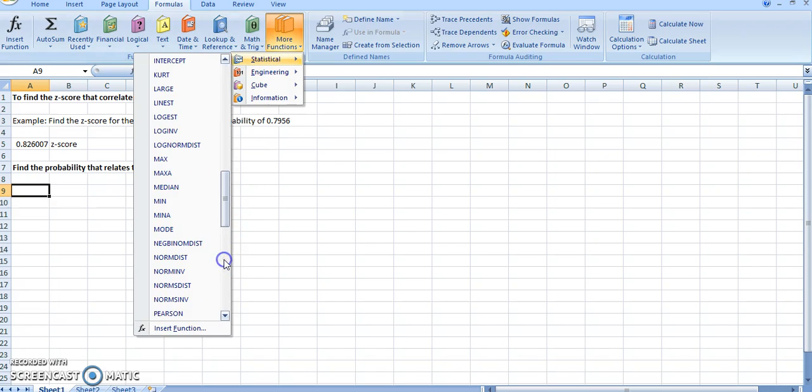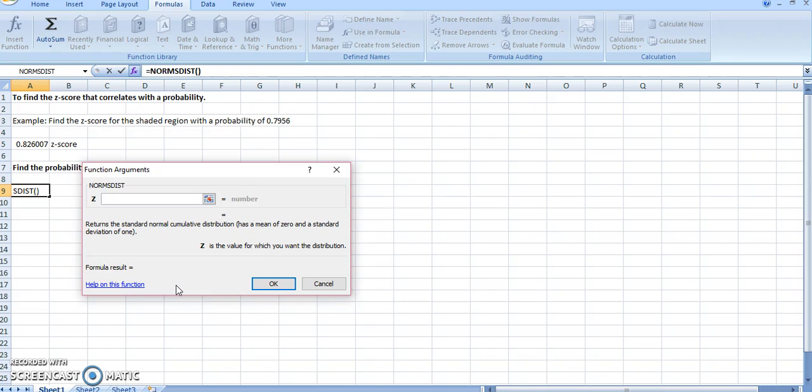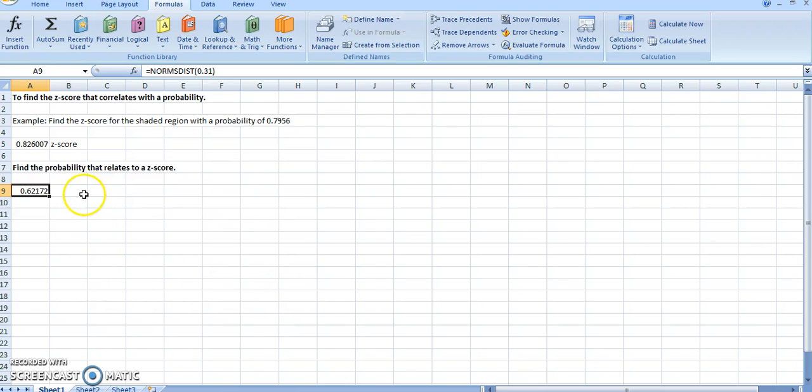It's a standard normal, so we use the norm S distribution because it's a standard normal. The z-score in that problem was 0.31, so we type that in, and this gives us the probability of those values being below that z-score. The same probability that you would find using the tables.